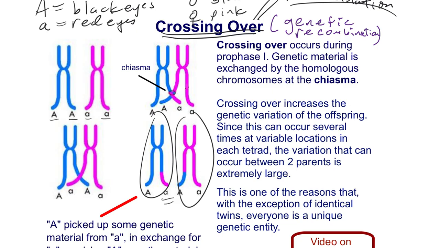Okay, so this is why the children of a mother and father have a different mixture of alleles on their chromosomes than the parents do. This adds to the genetic variation in the kids.